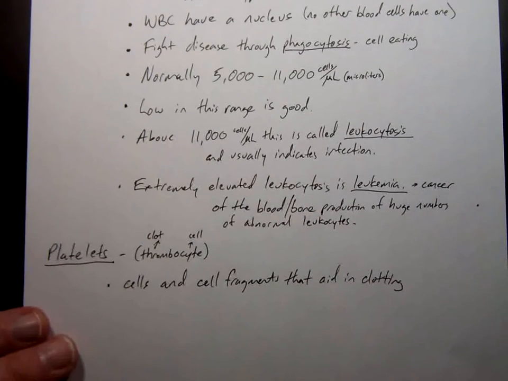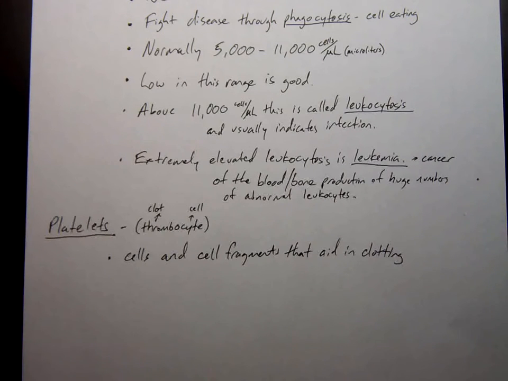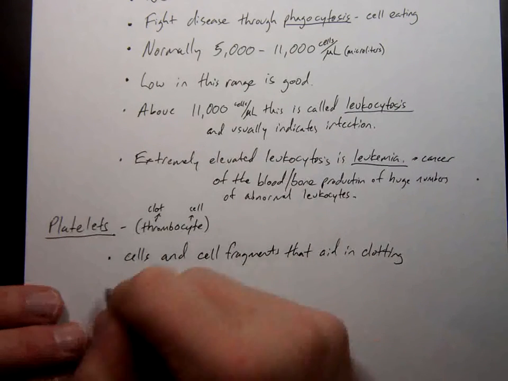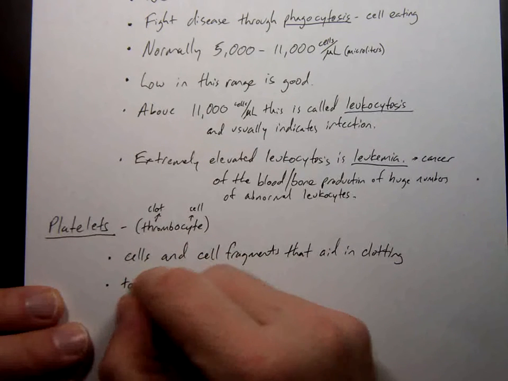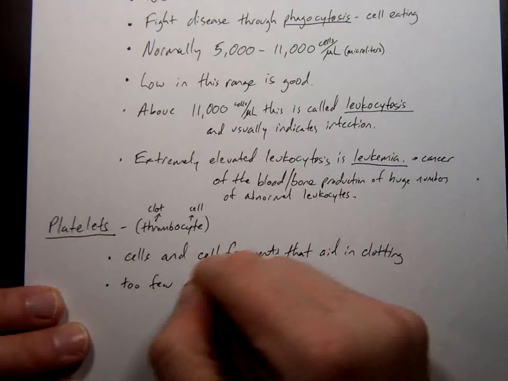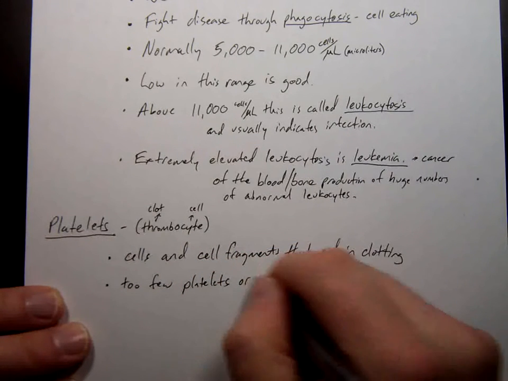Now, they don't do it all by themselves. These get sticky when we're bleeding out, and they make a plug to try to close up the hole, but there's other things that contribute. Now, sometimes people have too few or they're not working right. Too few platelets, or clotting factors.